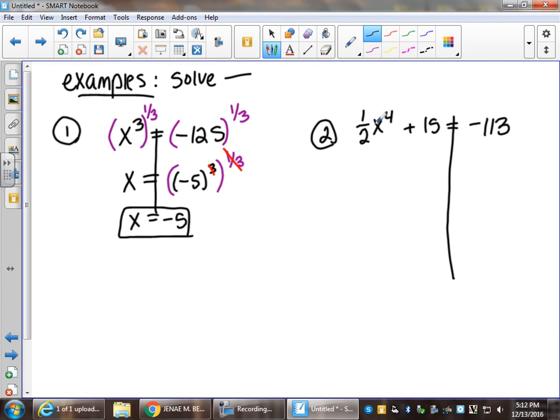So we're going to have to isolate x to the 4th first. If there's something on this side we can add or subtract, we need to do that first. What could I add or subtract? We can take care of this positive 15 by subtracting 15 from both sides. So that leaves 1/2 x to the 4th equals negative 113 minus 15.